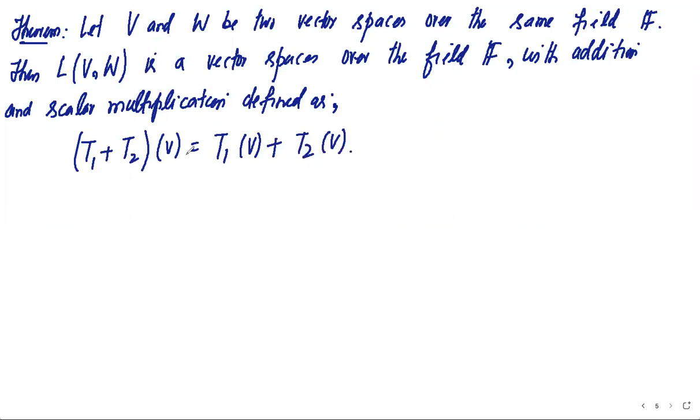This is the addition of the mappings in L of VW, under which this forms an additive abelian group. And scalar multiplication: alpha times t of v is equal to alpha t of v, respectively.